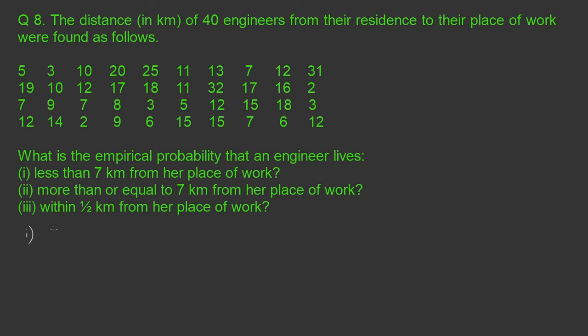So event E1 I can write as: engineer lives less than 7 kilometers from place of work. So how many engineers are living in less than 7 kilometers?